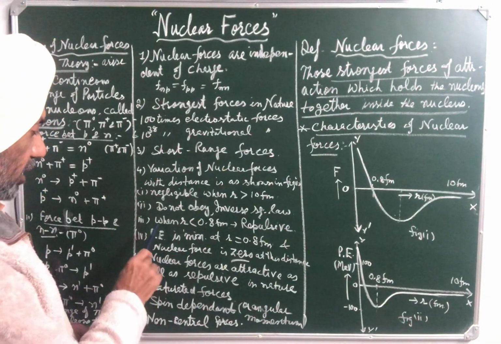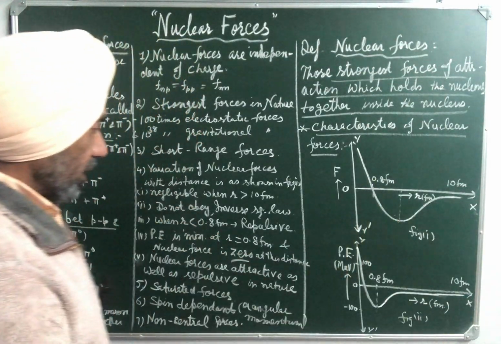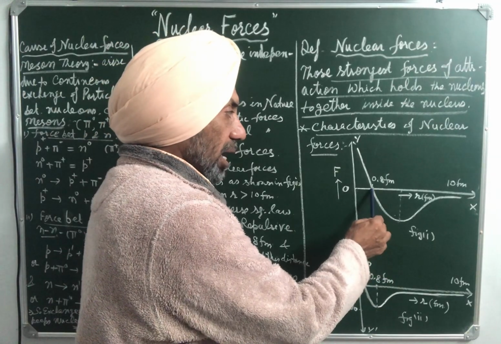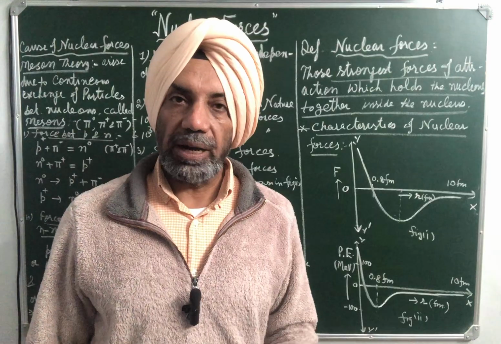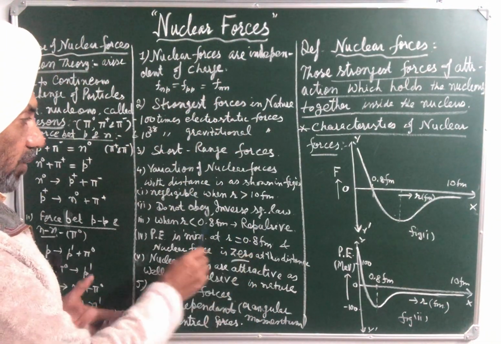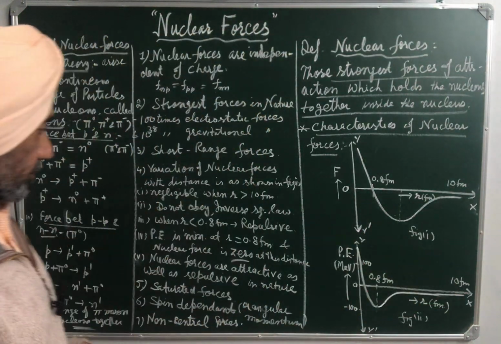Third, when R is less than 0.8 Fermi, it becomes repulsive. So at R equal to 0.8 Fermi, force is neither repulsive nor attractive. Force is zero, nuclear force is zero. So it means nuclear forces are both attractive as well as repulsive.